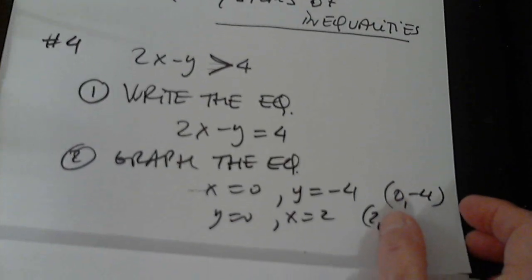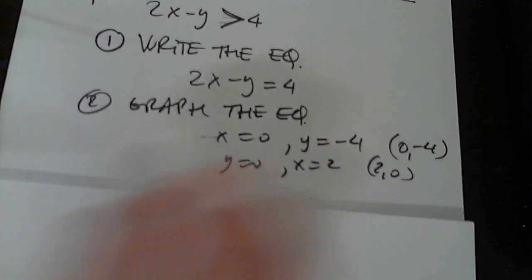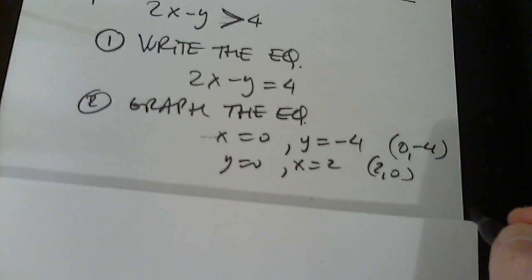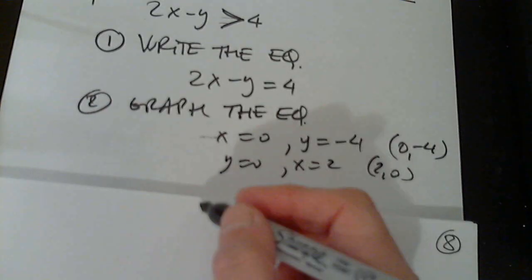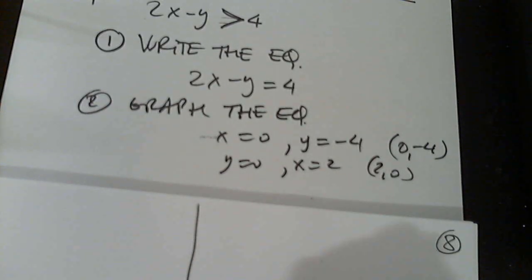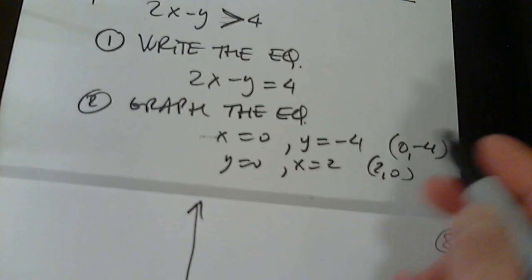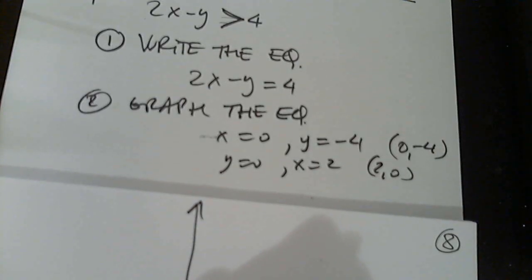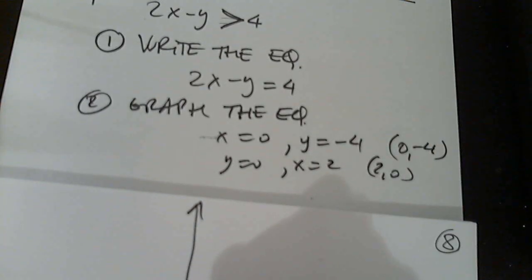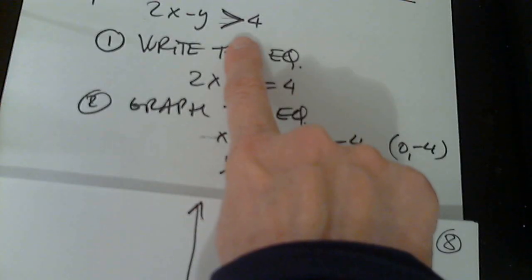So in step number 1, I wrote the corresponding equation. In step number 2, I will graph the corresponding equation. Fine. 0, negative 4, 2 comma 0. I stop for a second and look at the inequality symbol.